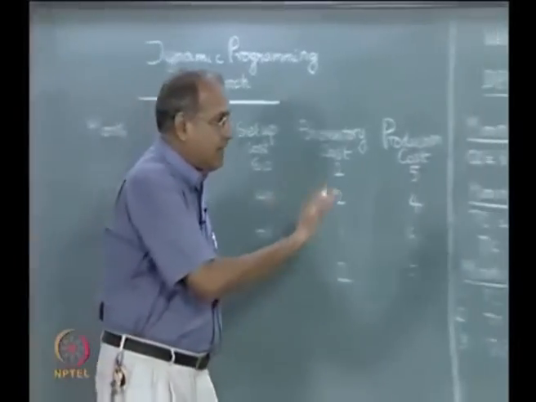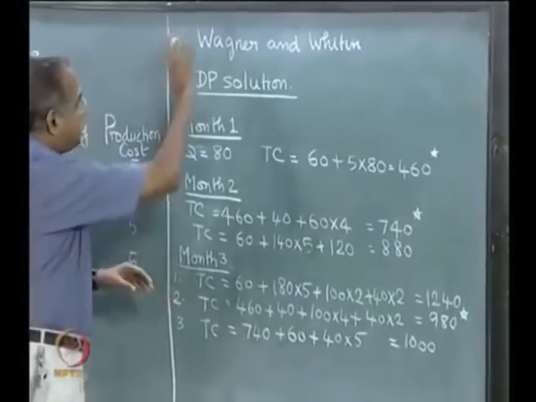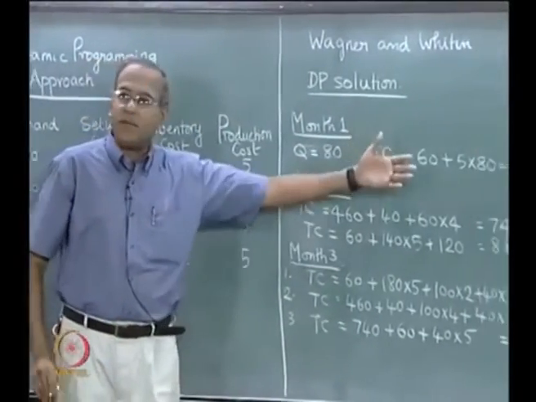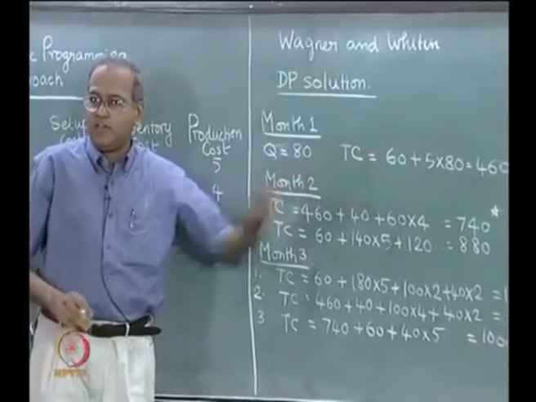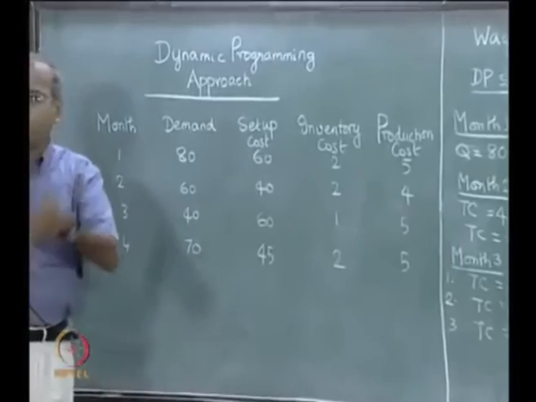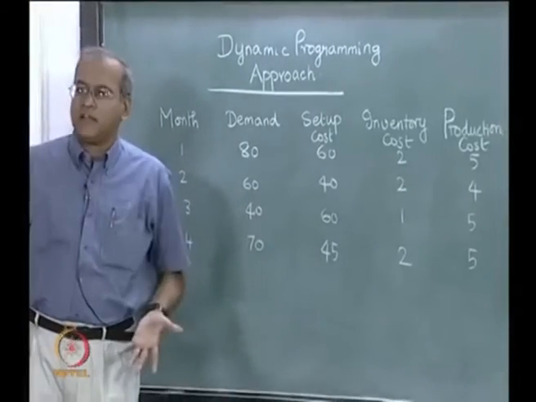So, the Wagner-Whitin algorithm actually has become, once we apply the Wagner-Whitin idea into the dynamic programming, we realize that it has become extremely simple. All we have done is, for 4 periods, we have just evaluated 4 plus 3 plus 2 plus 1, which is 10 possible scenarios.